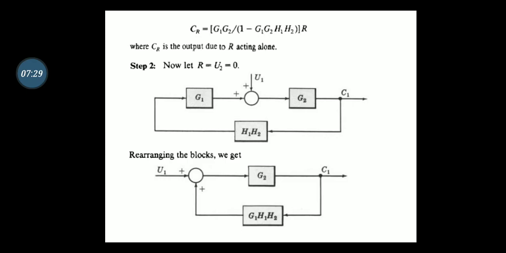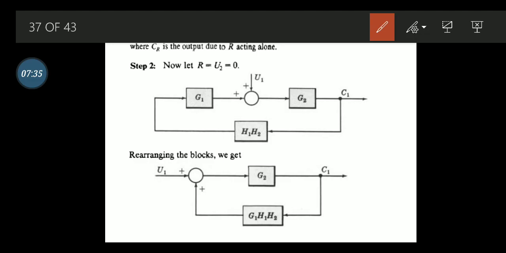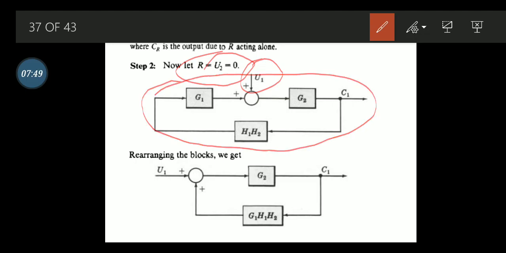Now step 2. Here let the two input responses, R and U2, be set to 0, considering the U1 input response alone. Then the block diagram will be reduced in this form.